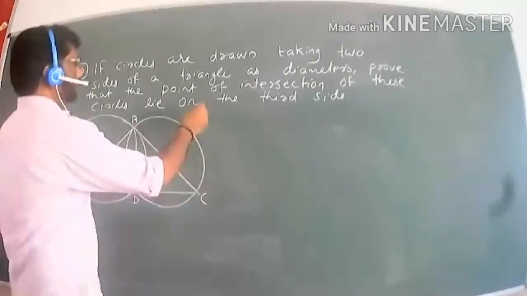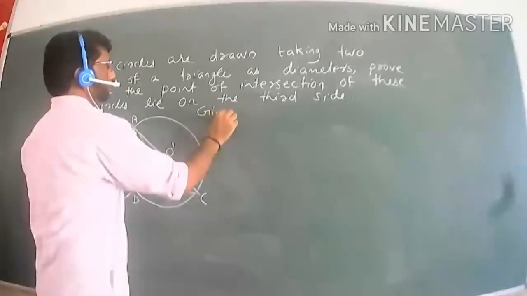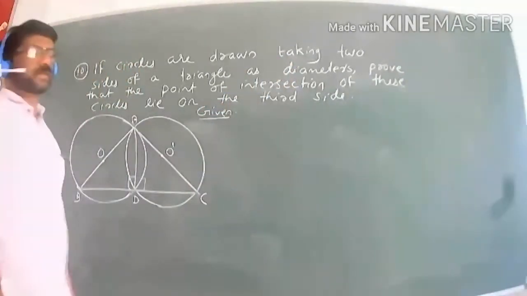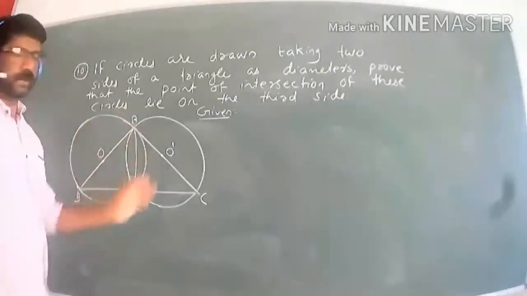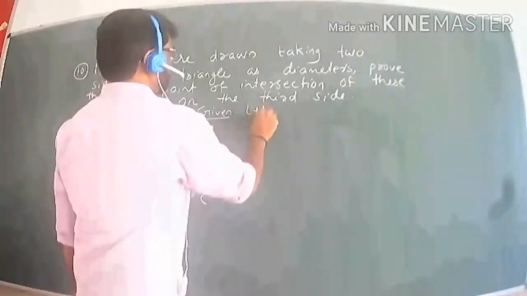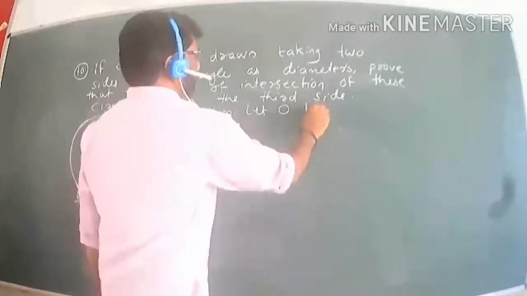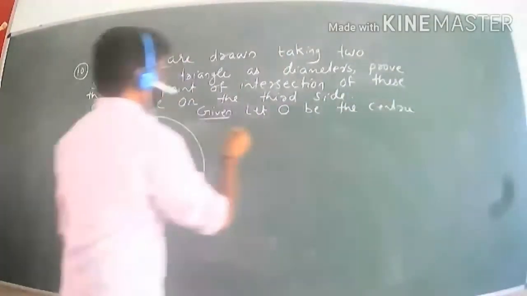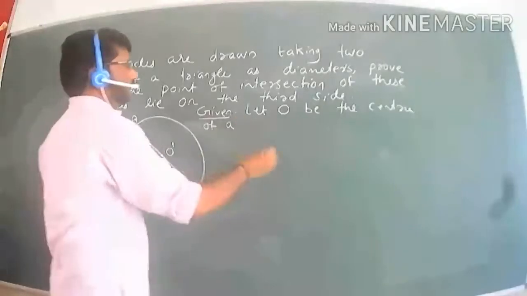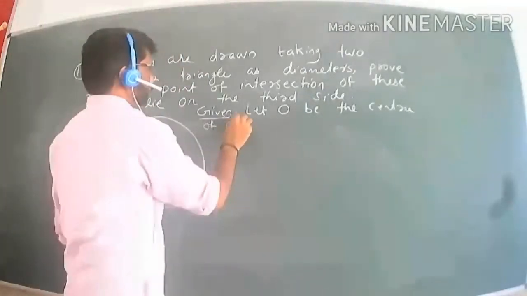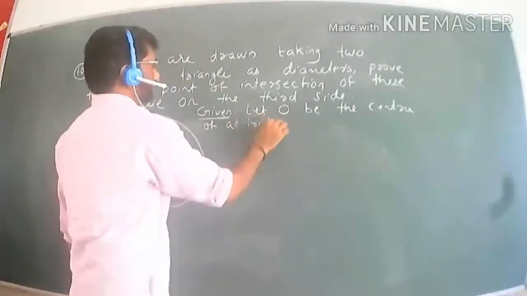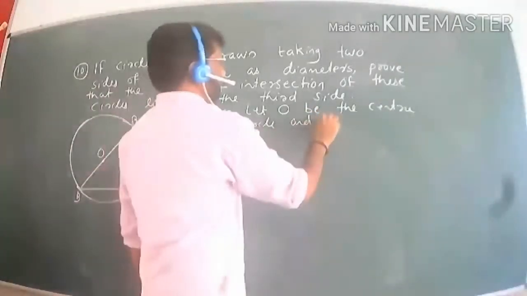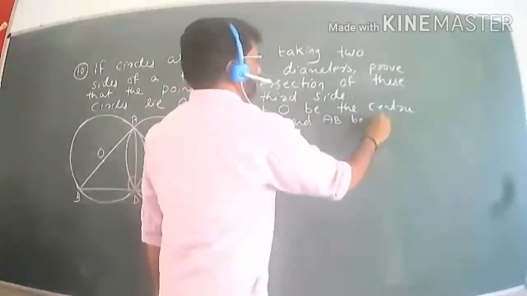So let us write, given, the figure was not given, we are assuming, we are drawing the figure. Let O be the center of a circle and AB be a diameter.